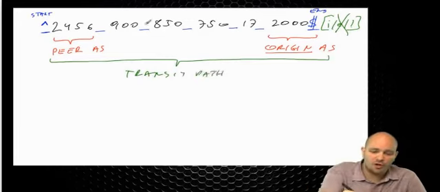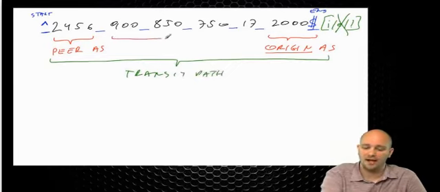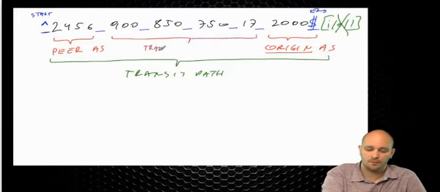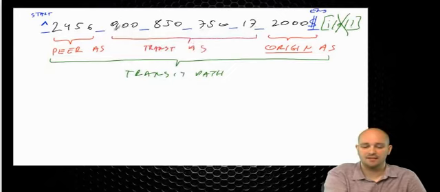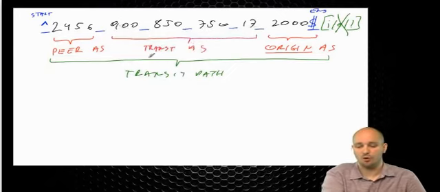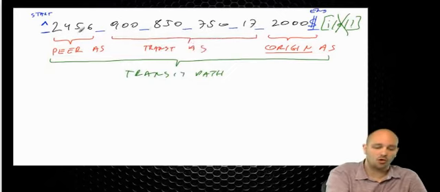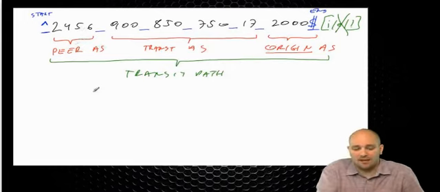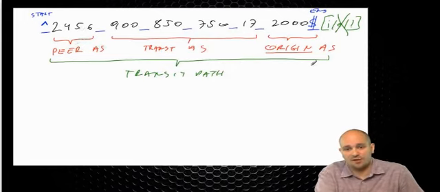Now, very, very often in the CCIE lab, when they talk about the transit autonomous systems, they talk about actually these autonomous systems here. So neither the origin nor the peer AS. But technically speaking, this is the entire transit path.